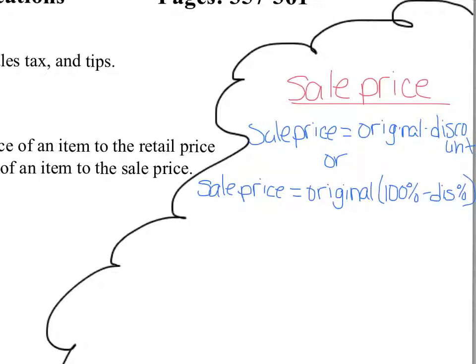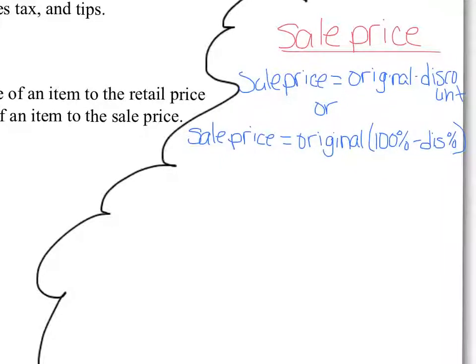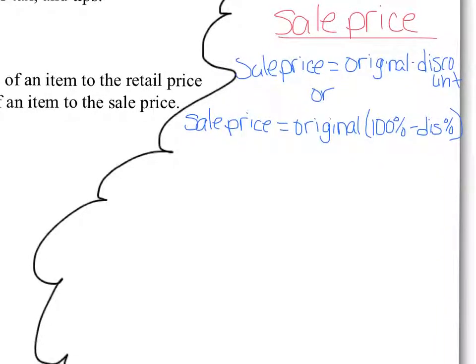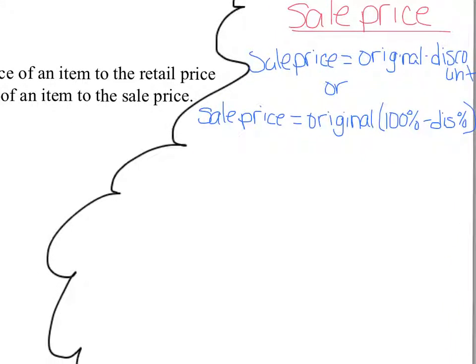So if it was 15% off, you would take 100% minus 15, which gives you 85%, and you would just take your original amount times 85%, and that will give you the sale price. So it's a lot more convenient. That's the one that I'm going to stress that you get in the habit of using, because it's just a lot easier.